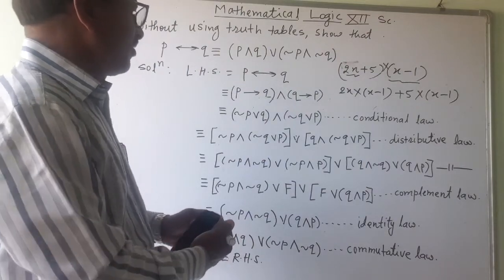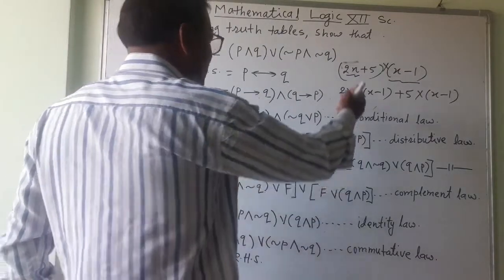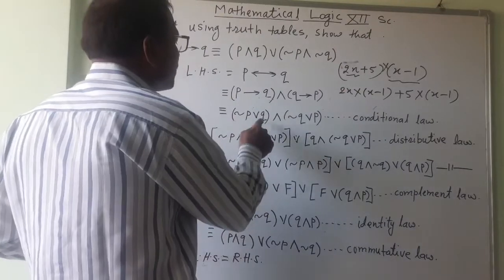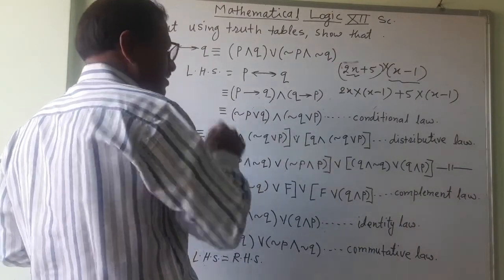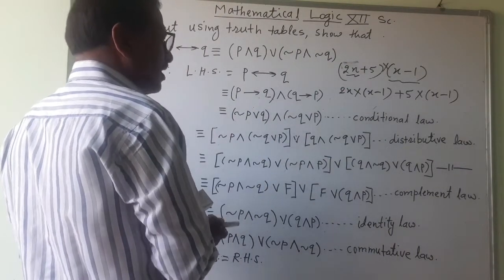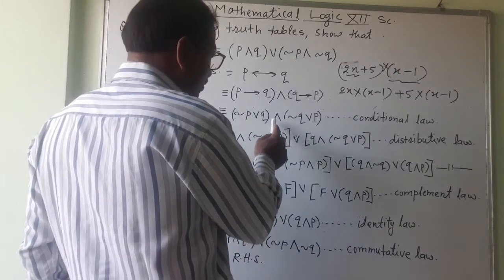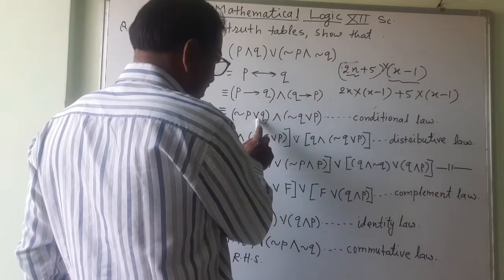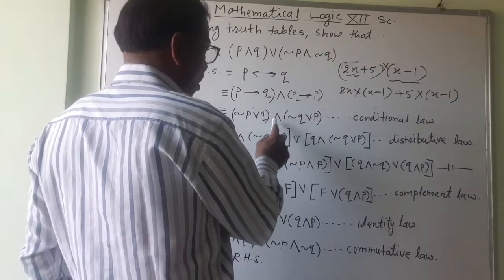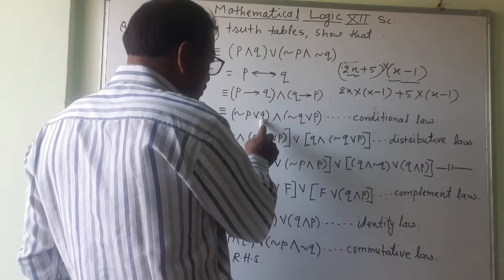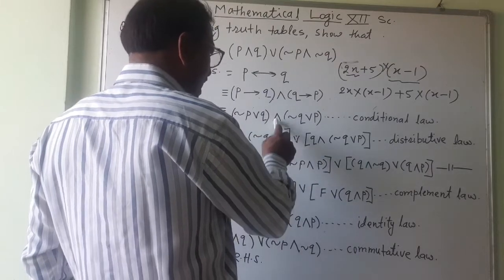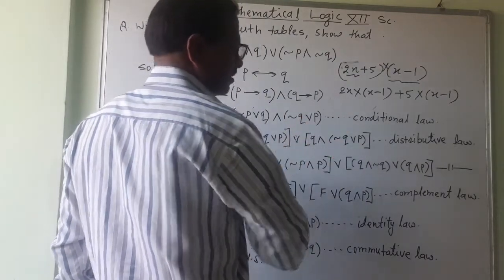In the numbers I have just taken 5, but here before this it is the OR sign. So what I will do? I will utilize this sign over here, or Q and this whole bracket.